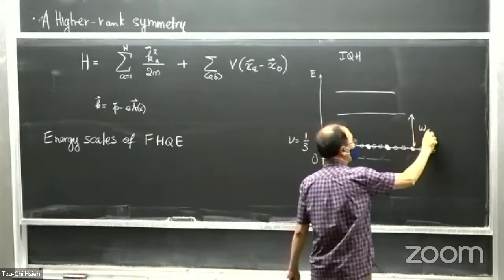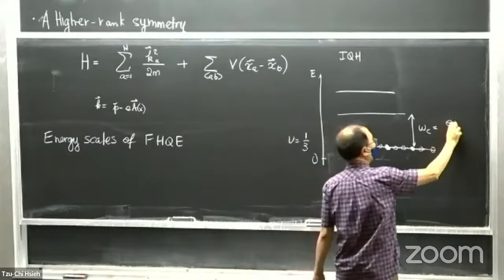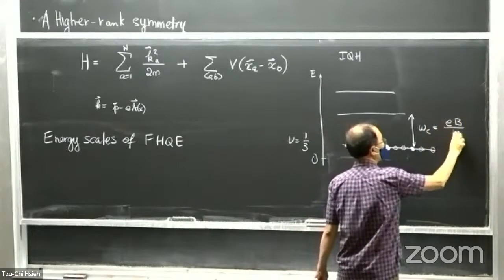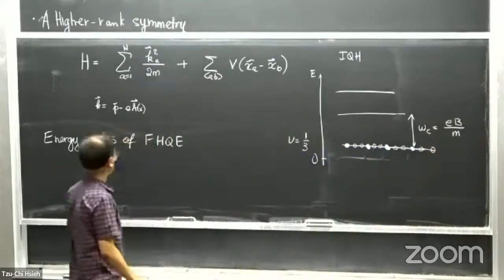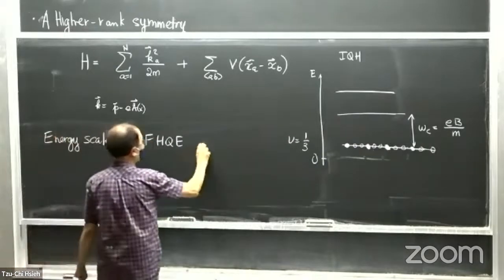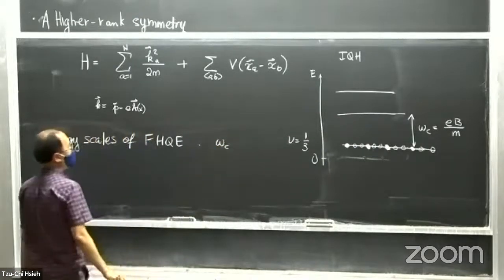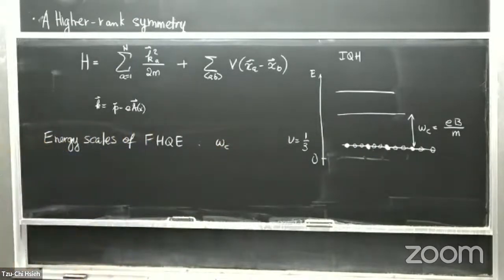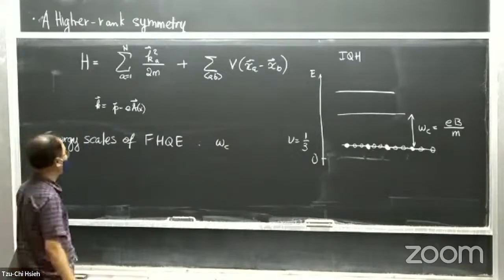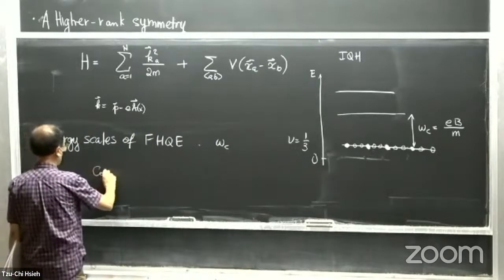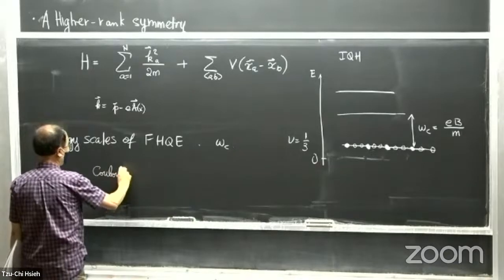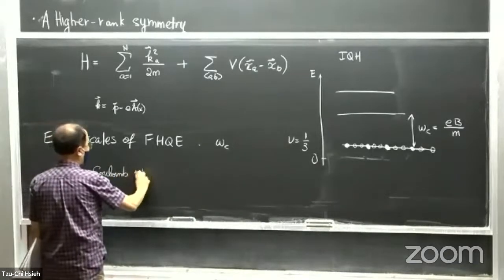Let's call that omega_c, the cyclotron frequency, eB over m. And then there is another one, which is the Coulomb interaction potential energy.